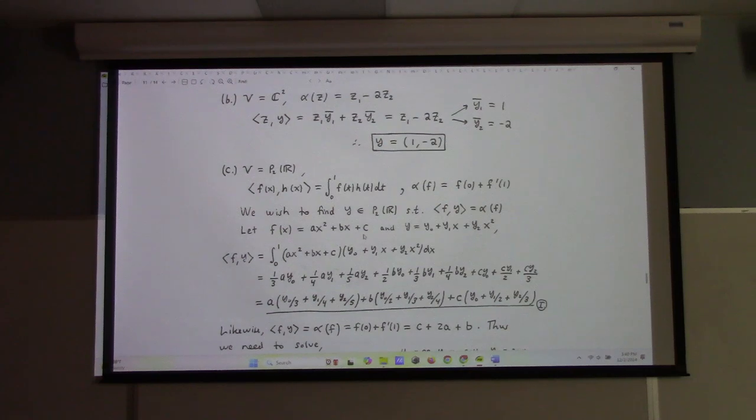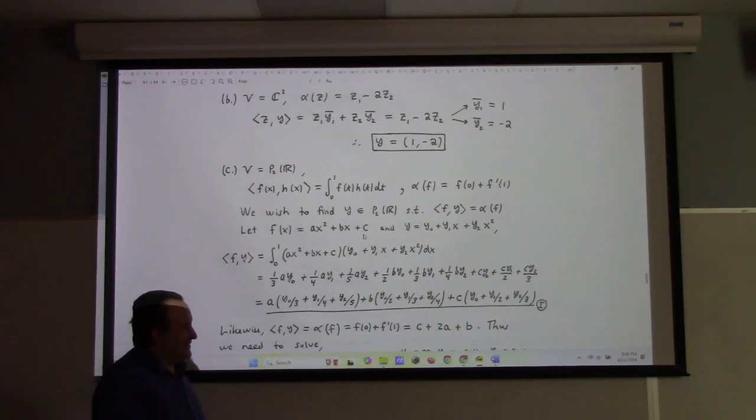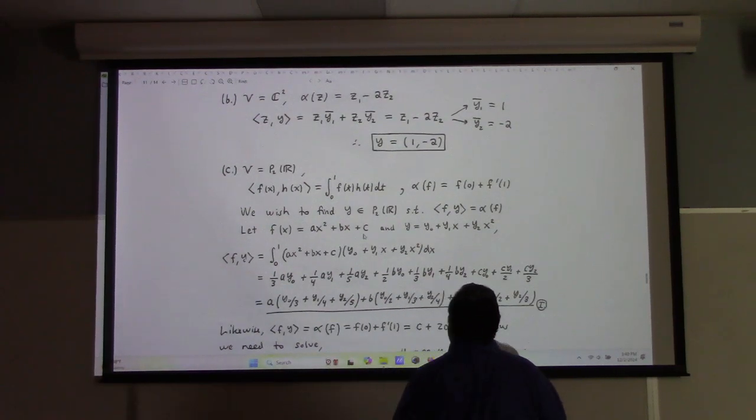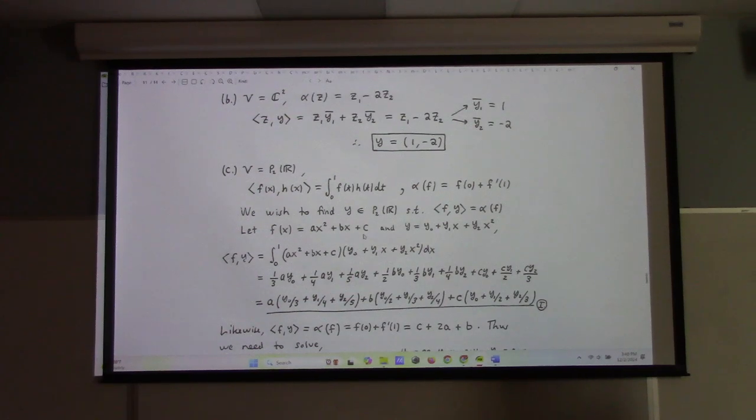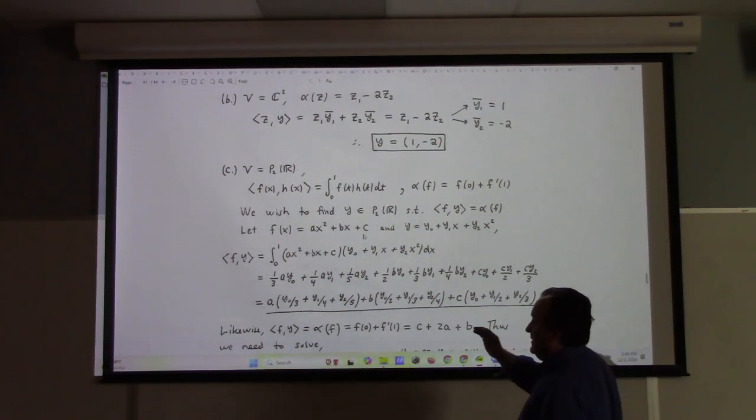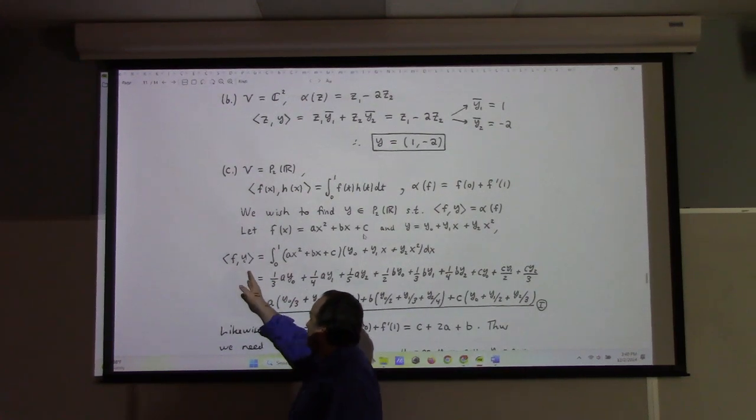Now, if one of you has figured out an easier way to do this, wonderful. I'm not saying that this is the only way. It's just the way I did it. So I'm trying to find the Riesz vector for this dual vector alpha, right? And so what I need is for f of y to be equal to what?